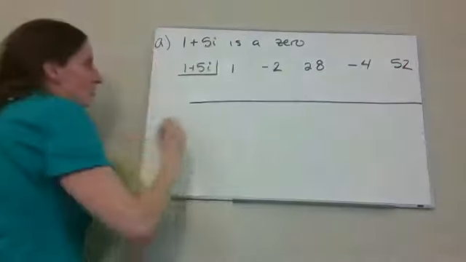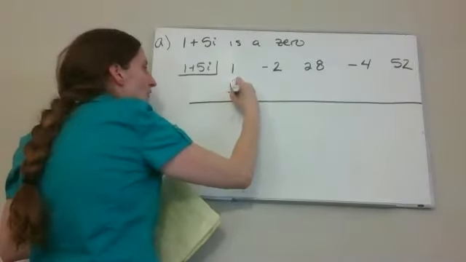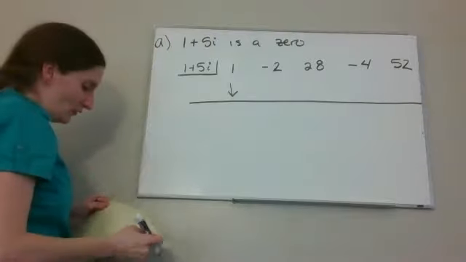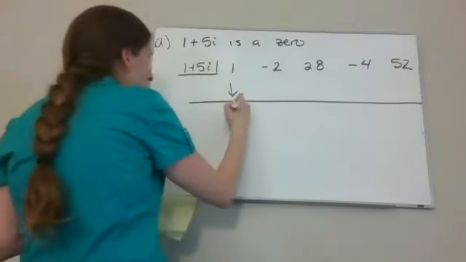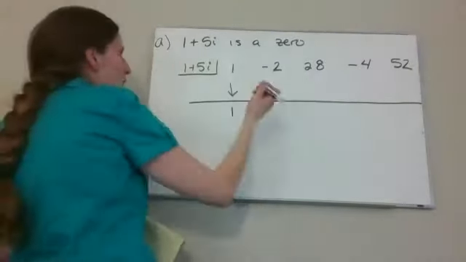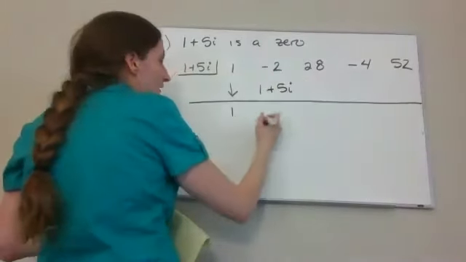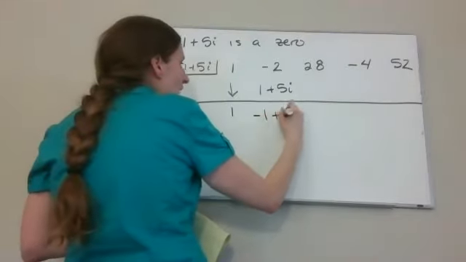And I'm going to use synthetic division to see what's left after I would have this factor taken care of. You drop the 1. 1 times 1 plus 5i is 1 plus 5i. So that will get me negative 1 plus 5i.